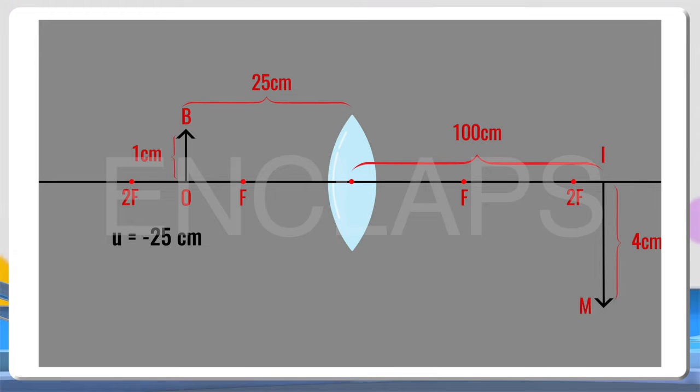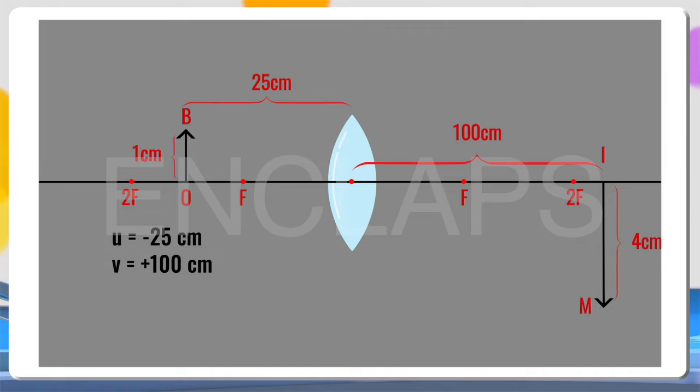The image is formed to the right of the lens. Distances are to be measured from the optic center. From the lens, the image is in the positive direction, that is, the same direction as the incident ray. The image distance is denoted by the letter v. Therefore, v is equal to plus 100 centimeters.